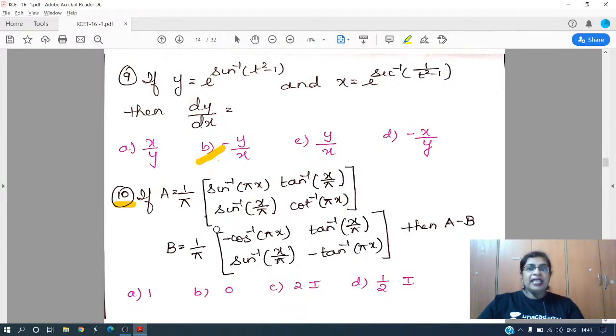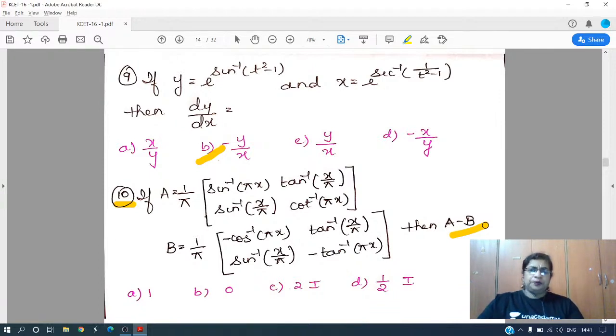Okay, so A is equal to 1 by pi [sine inverse pi x, tan inverse x by pi; sine inverse x by pi, cot inverse pi x]. B matrix is 1 by pi into [minus cos inverse pi x, tan inverse x by pi; sine inverse x by pi, minus tan inverse pi x]. Question tells me find the value of A minus B. That is, I have to subtract A minus B.